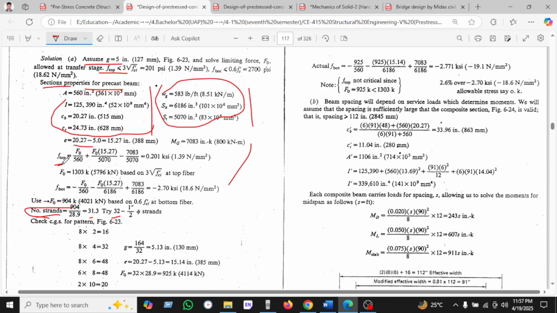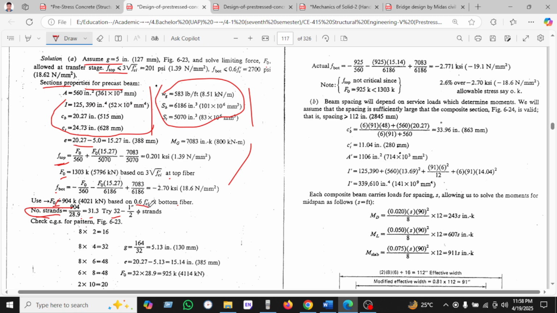The fiber stress at top, f naught initial, is found there, and f bottom is found there. Then f naught is 409 kips based on f prime c being better. I will calculate the number of strands. This is 906, which is initial, and 28, which is 0.6 of f prime c.